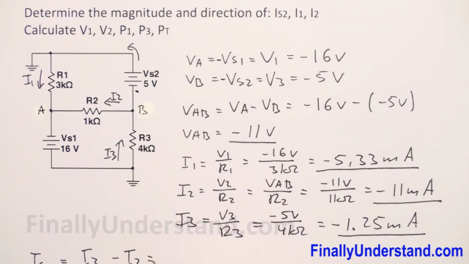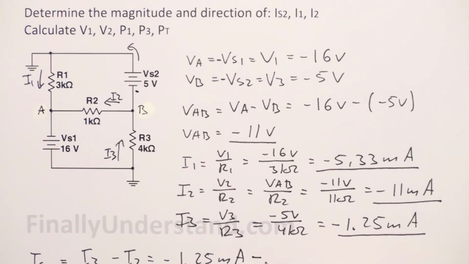So we have I3, which is negative 1.25 milliamps, minus negative 11 milliamps.